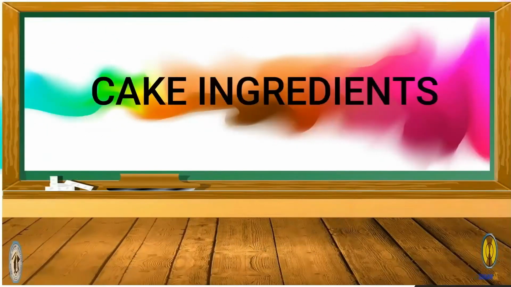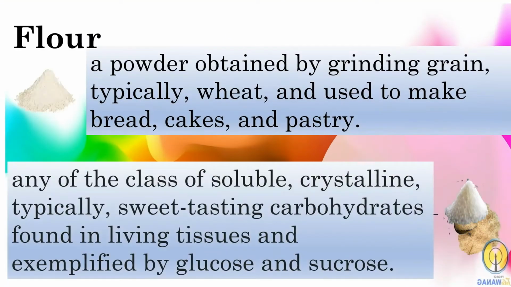At this time, let me introduce you to the cake ingredients, and you should know the definition of each. Flour, a powder obtained by grinding grain, typically wheat, and used to make bread, cakes, and pastry.